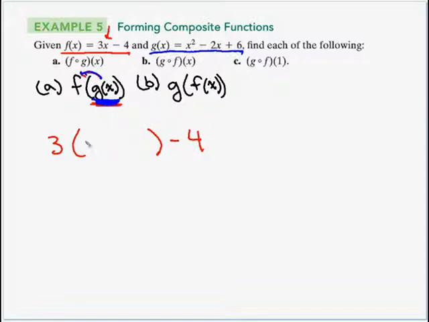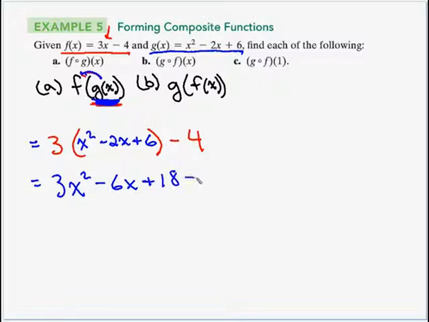So this g function, x squared minus 2x plus 6, goes in where the x used to be. This used to be 3x minus 4. Now it's 3 times the g of x function, and then minus 4. So let's distribute the 3: 3x squared minus 6x plus 18.